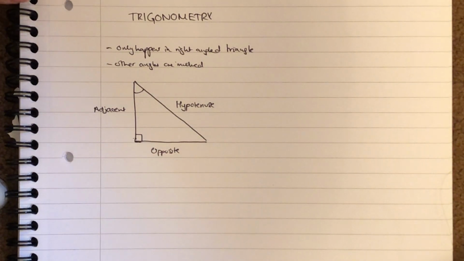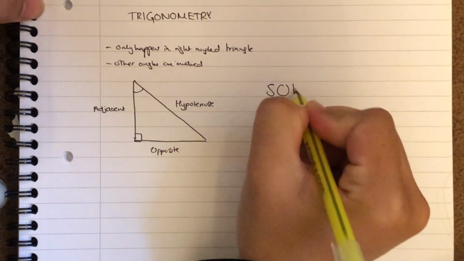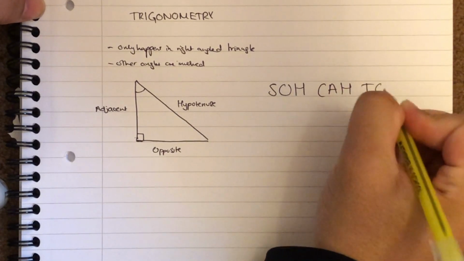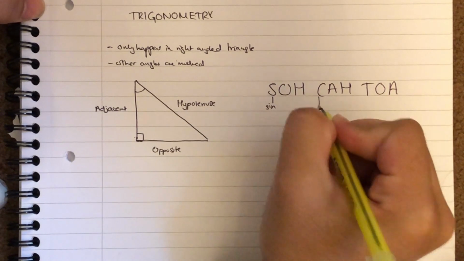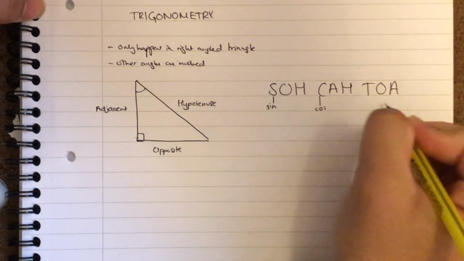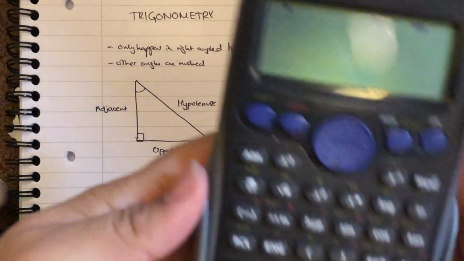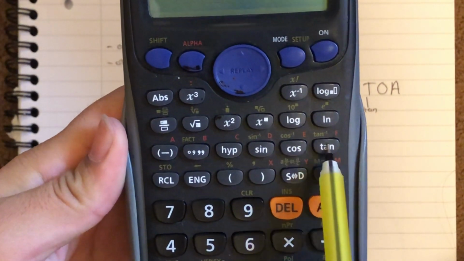Okay, now we know SOH CAH TOA, but what does it really stand for? Okay, now the S stands for sine, the C stands for cos, and the T stands for tan. Okay, now what are these values? If I have my calculator here, this will be sine, this will be cos, and this will be tan.